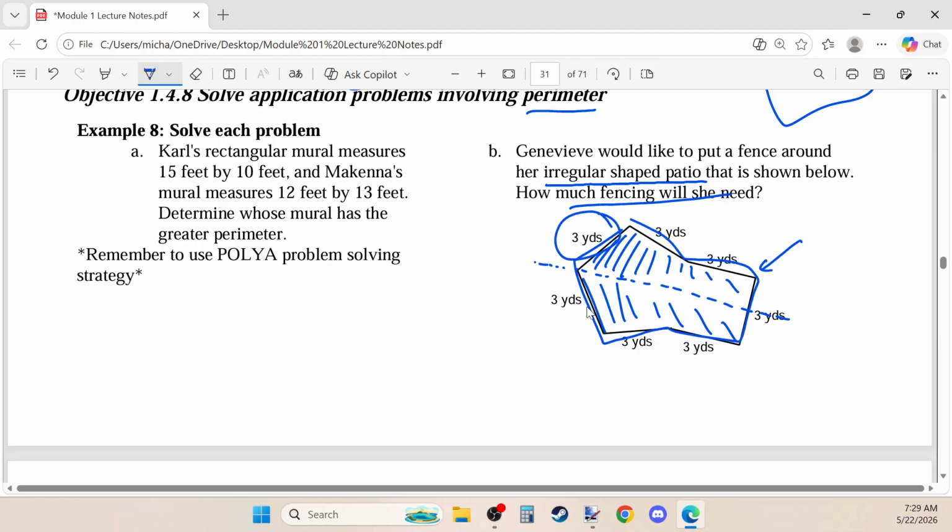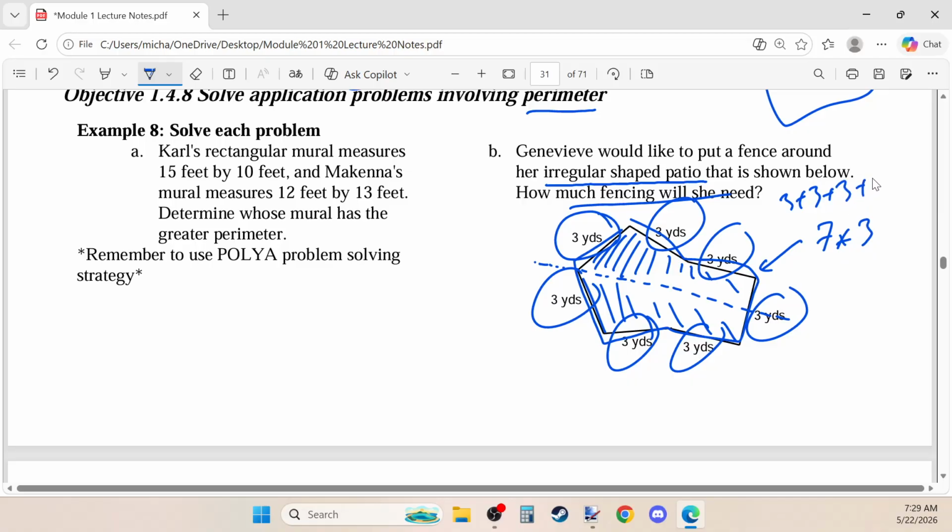We have 3. 1, 2, 3, 4, 5, 6, 7. Since they're all the same length and there are 7 of them, it's going to be 7 times 3 because it's 3 plus 3 plus 3 plus 3 plus 3 plus 3 plus 3. There are 7 threes we're adding together. Multiplication is repeated addition. I know we haven't done multiplication yet, but 3 times 7 is 21 yards.